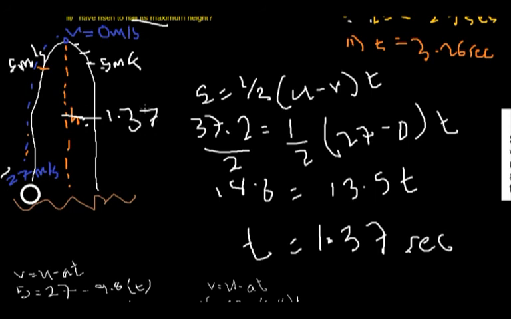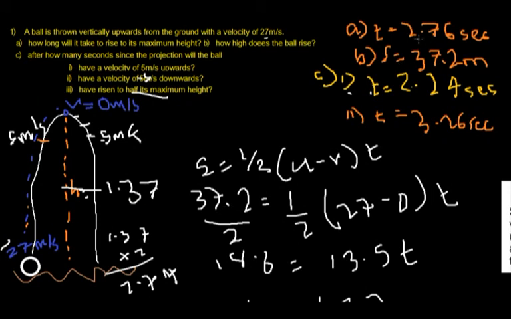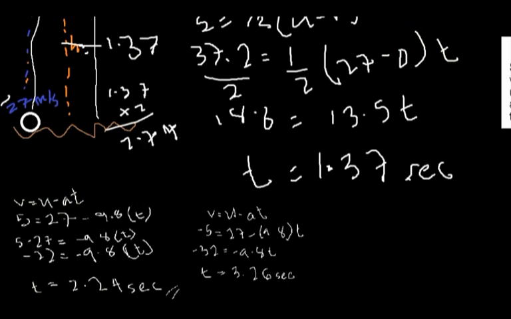If we multiply 1.37 by 2, it will give 2.74, which is the time it took to reach the maximum height. The time it took to reach the maximum height is 2.76, which is close to 2.74, so that is correct.